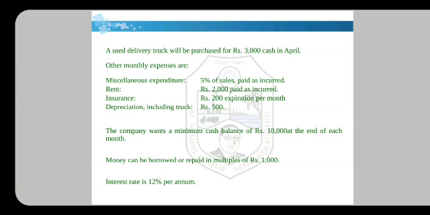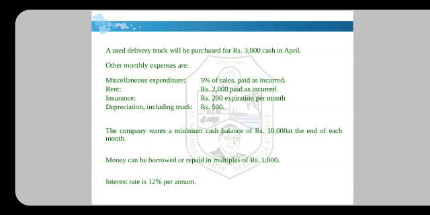Miscellaneous expenditure is 5% of sales, paid as incurred. Rent is 2,000 rupees, paid in cash as incurred. Insurance expiration is rupees 200 per month, and depreciation is rupees 500.